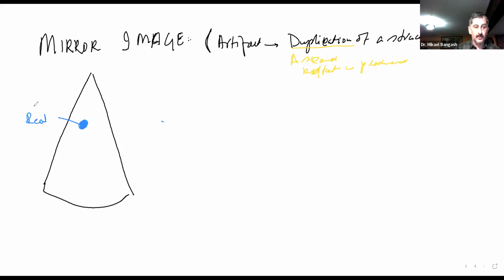The problem is going to arise if we see this artifact here, which we call a mirror image. The mirror image is going to be a duplication of the structure.